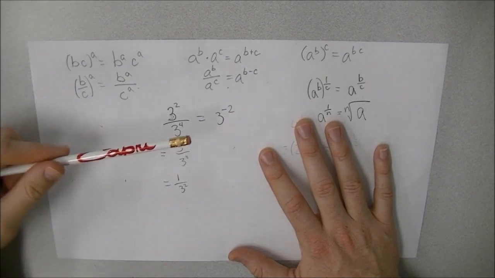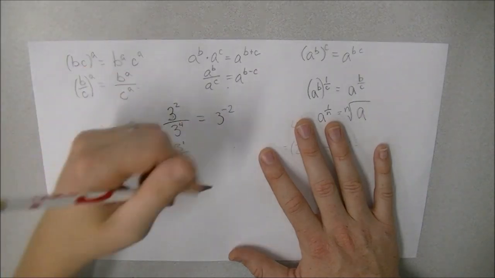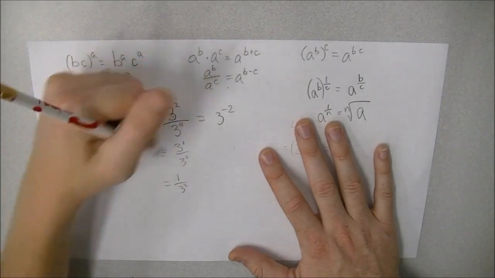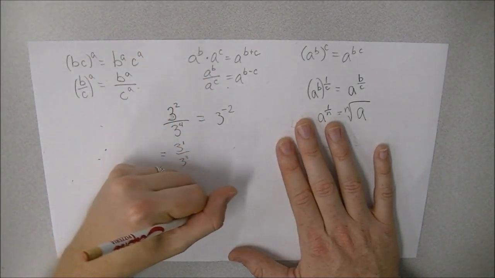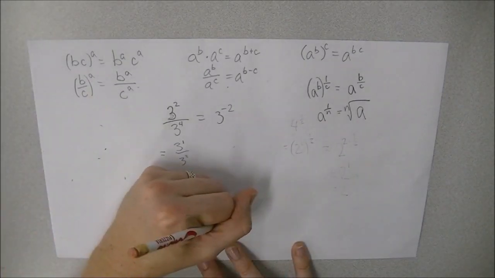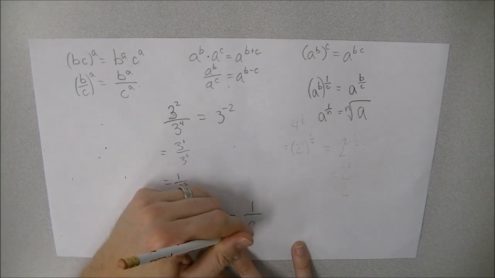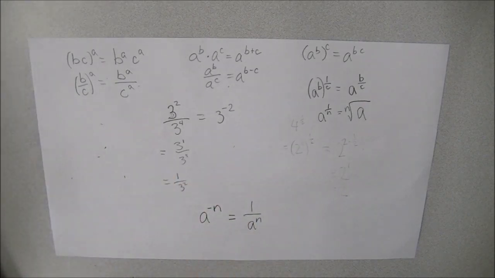Notice there's a 2 here and a 2 here. So if I have a value a to the negative n, that will equal 1 over a to the n, based off of what we did here.